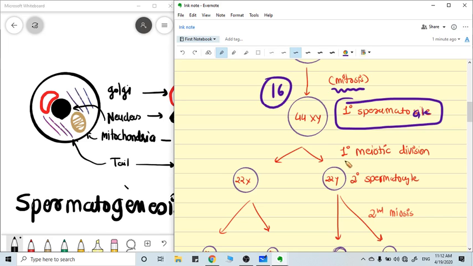Meiosis division. First meiosis happens, and from primary spermatocytes it becomes secondary spermatocyte, and the genome is divided. In secondary spermatocyte there will be genome like 22X, 22Y, means the genome is cut to half.